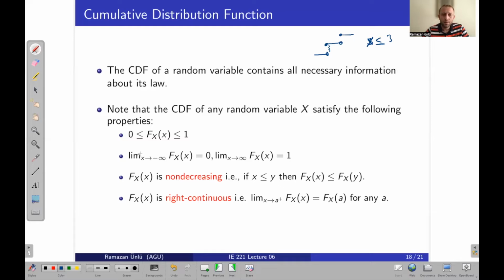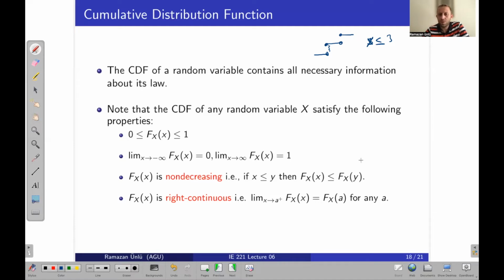The limit of F of x when x goes to minus infinity is 0, and the limit of F of x when x goes to infinity is 1. Again, F of x is a non-decreasing function, so that if x is less than or equal to y, then F of x will be less than or equal to F of y.